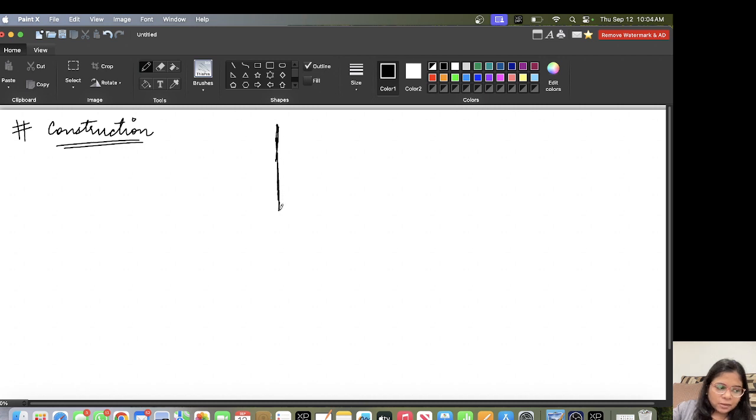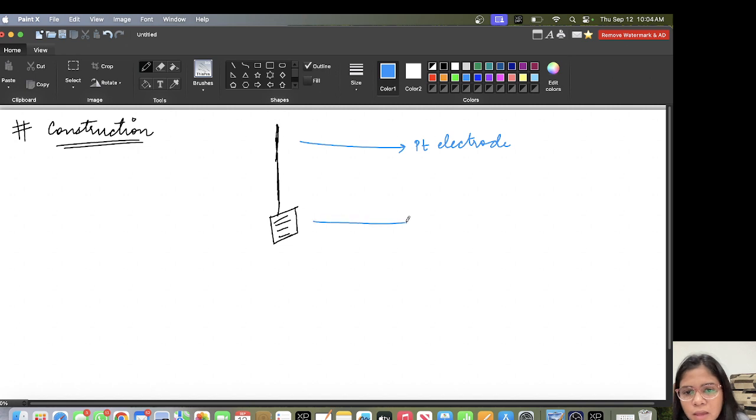You have a platinum electrode with a platinum black foil. Pt is platinum.